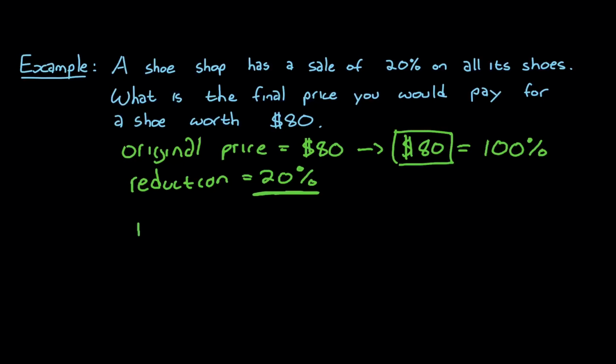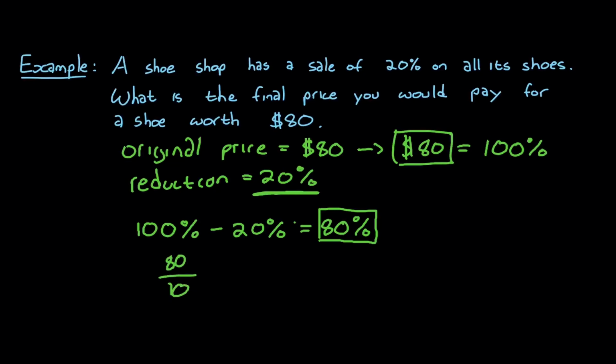We know that this 20% is how much it's going to reduce by. So to pay the final price, you're going to say 100, which is the whole, minus the 20%, which is the reduction, and this will give you 80%. So you are going to be paying 80% of the original price. 80% is 80 over 100 times $80.